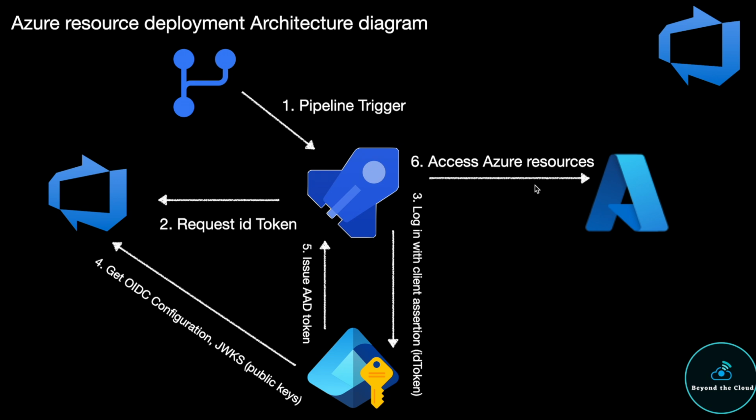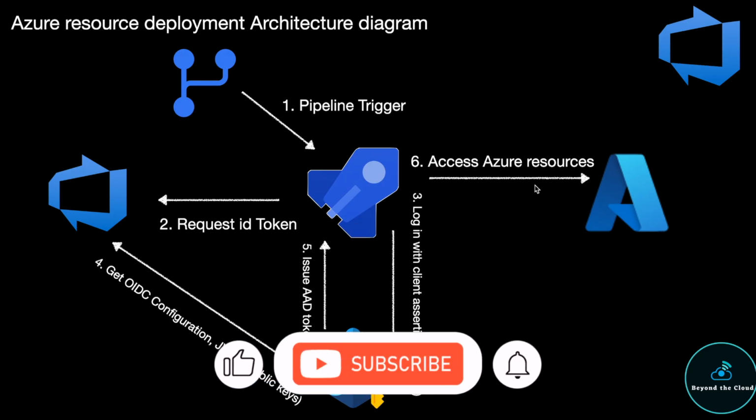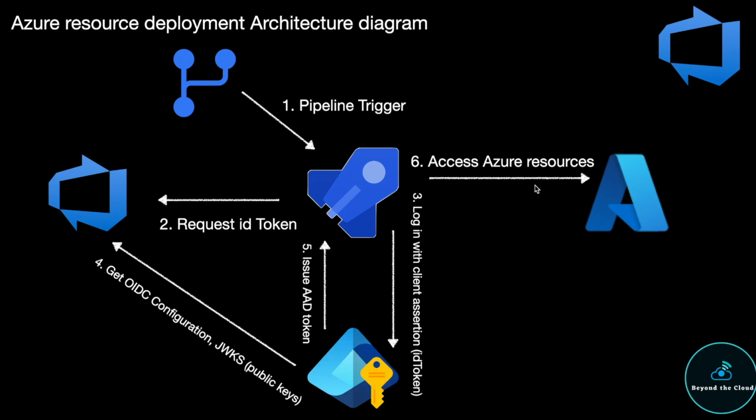So the whole part I will explain in this video. I recommend, without skipping, please watch this video entirely so that there is no confusion for you, whoever is doing this Azure deployment with Azure DevOps for the first time.